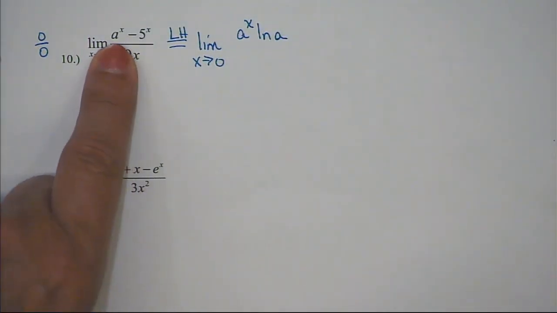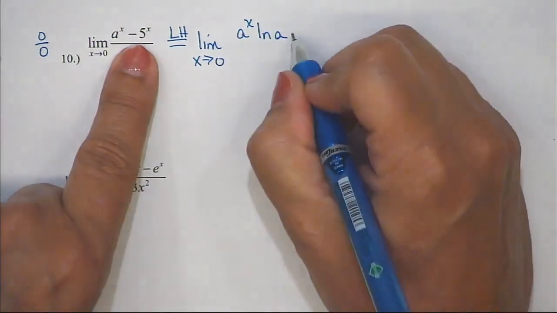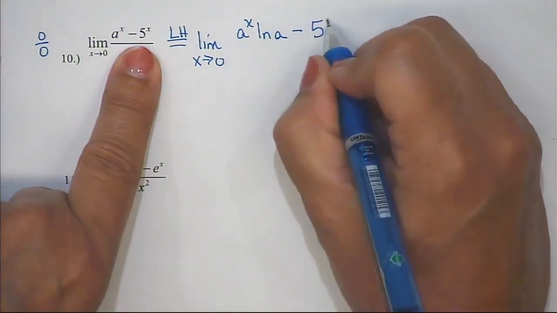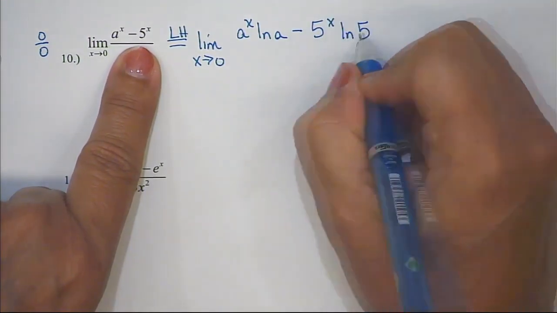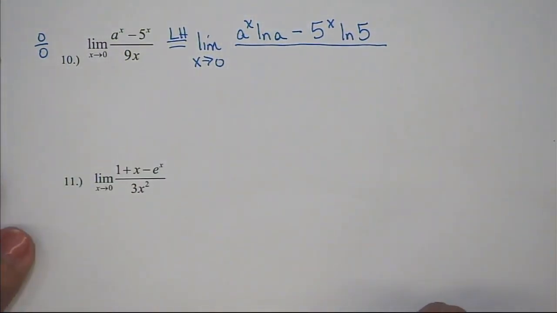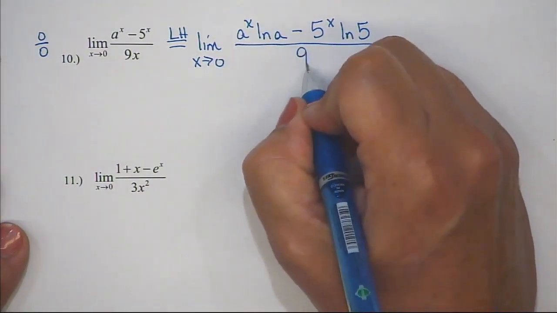That's its base. Okay, minus the derivative of 5 to the x is 5 to the x times the natural log of its base, which is 5. Okay, so that's the derivative of the top. This is straight from WebWorks. I remember this problem. And then in the bottom, derivative of 9x is 9.